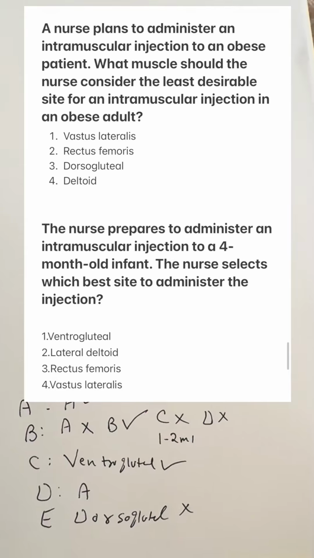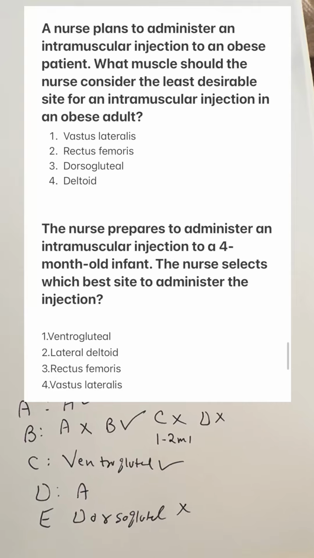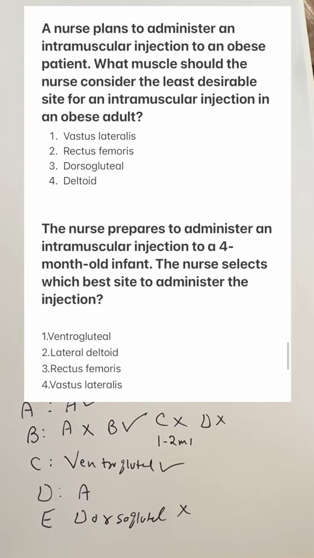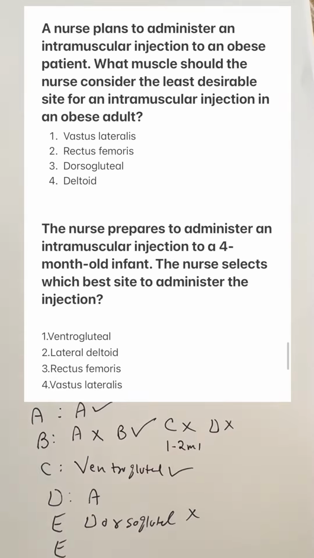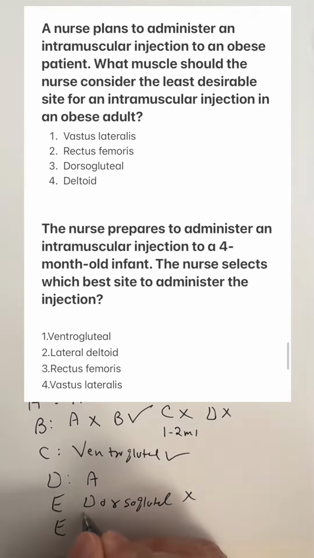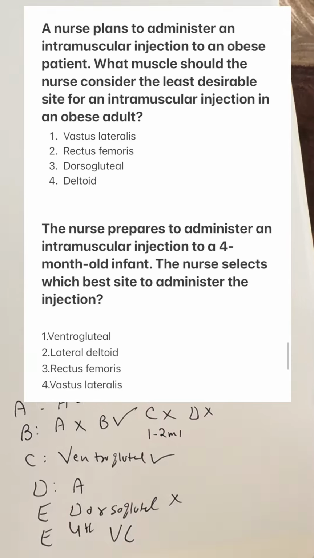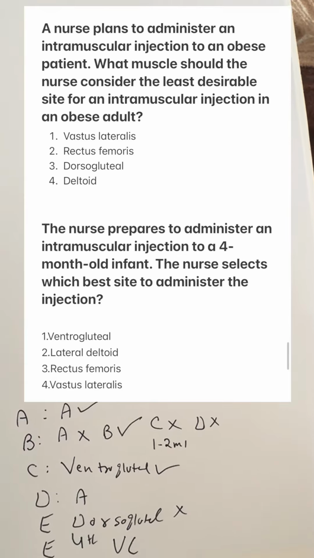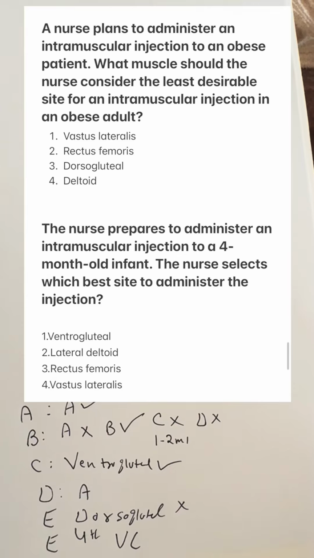The last question is, the nurse is preparing to administer an intramuscular injection to a 4-month-old infant. Which is the best site for injection? The correct answer for this is option 4, vastus lateralis. Intramuscular injection sites are selected on the basis of the child's age and muscle development.